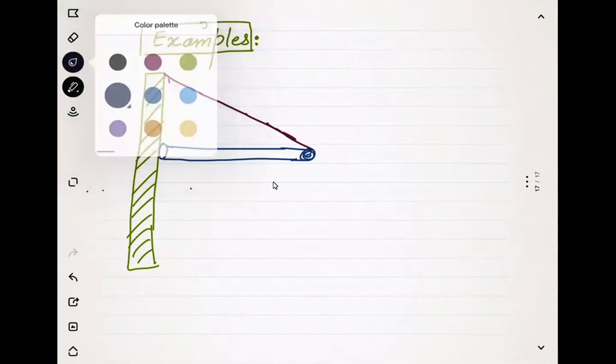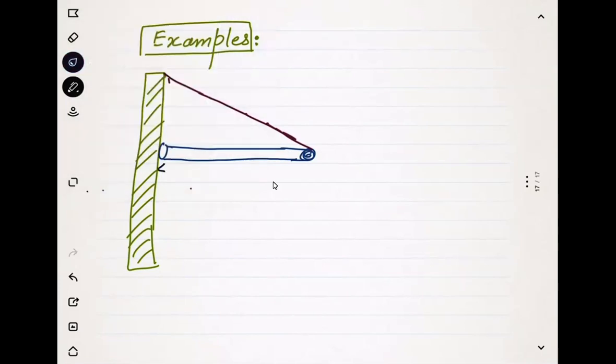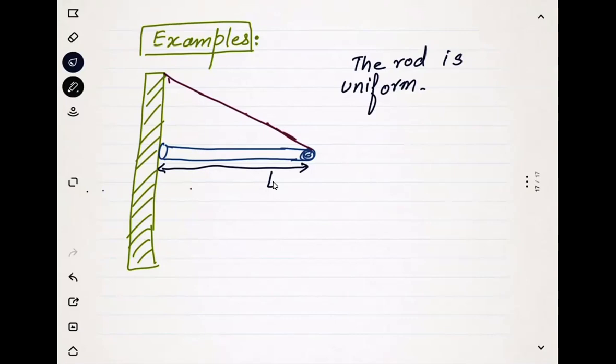Now the length of the rod is, just for example, L. First of all, the rod is uniform, which means that the weight will act in the center. The weight of the rod will be acting in the center.